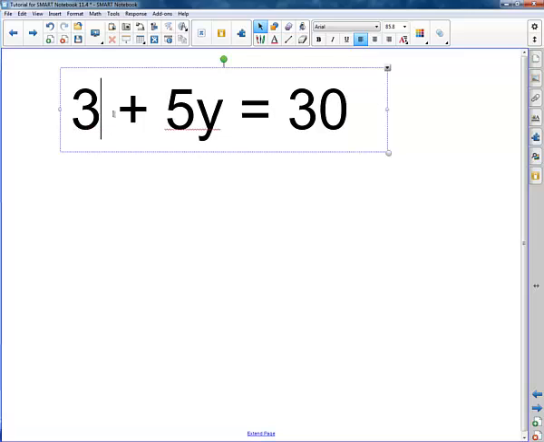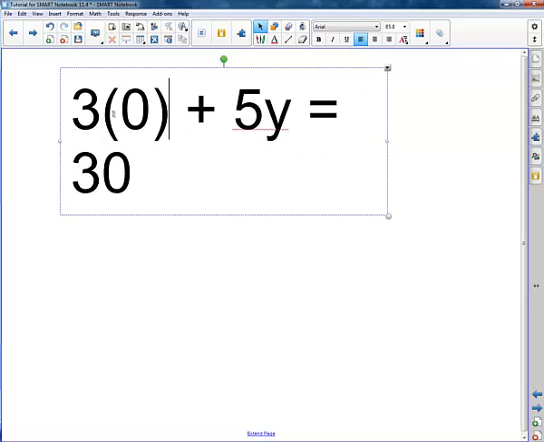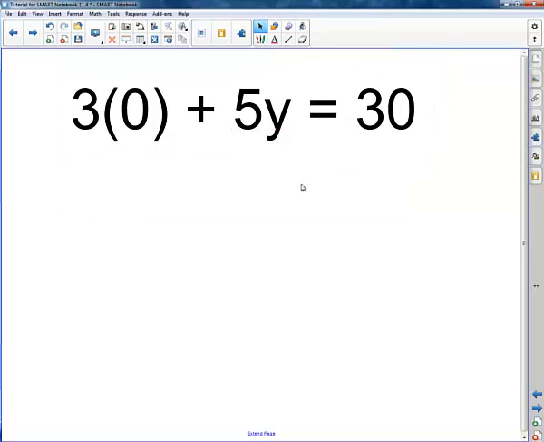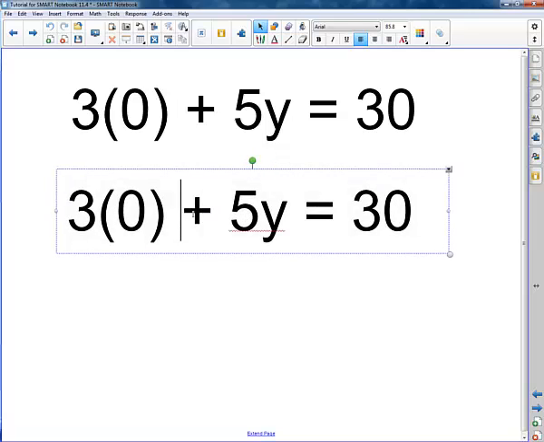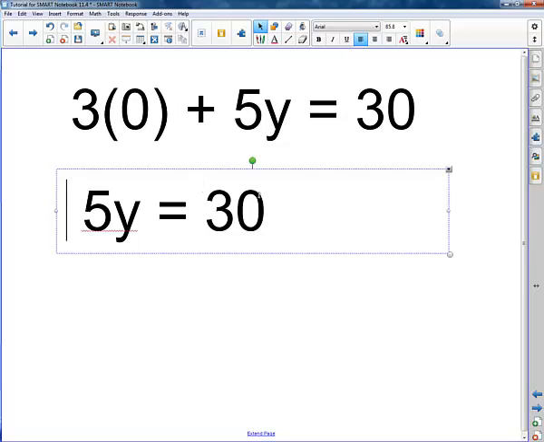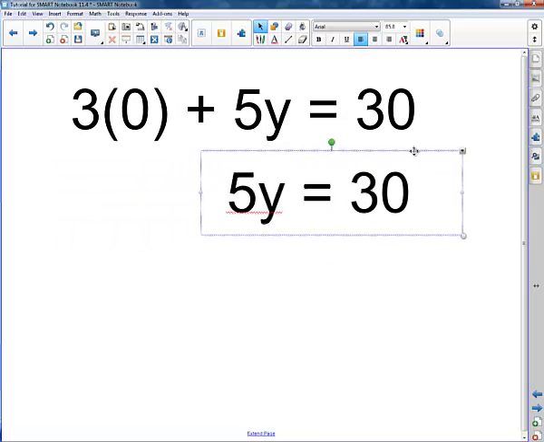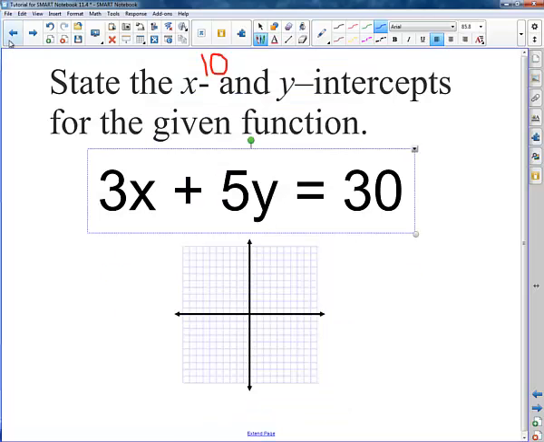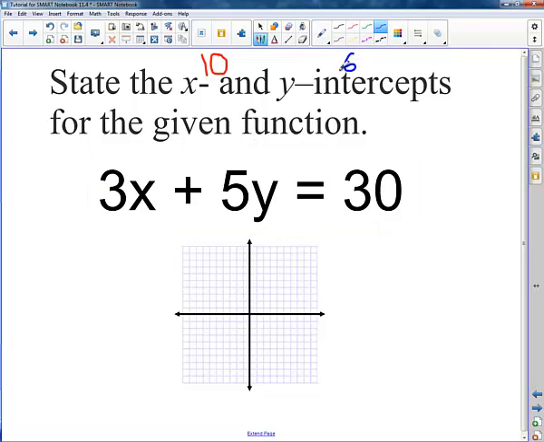Instead of an x, I'm going to plug in a 0 and solve. 3 times 0 is 0, so it cancels out that entire left side. Then I have a positive sign here, so I just have 5y equals 30. Now I solve for y. I'm going to get y by itself. These are being multiplied, so I divide by 5, divide by 5. 5 divided by 5 turns into 1, and you get y equals 6. So the y-intercept is 6.